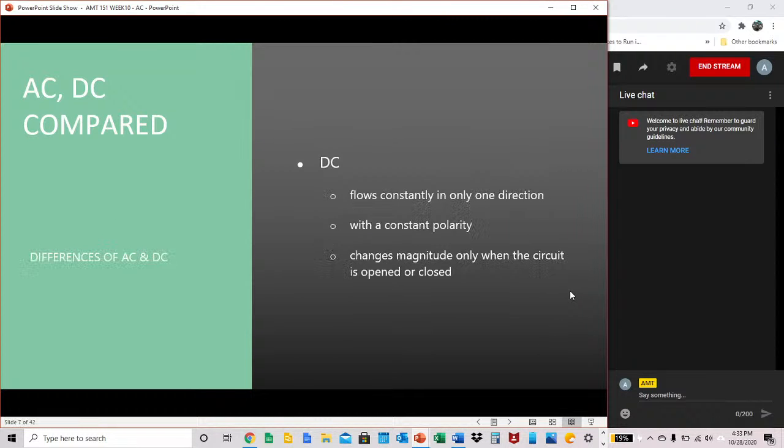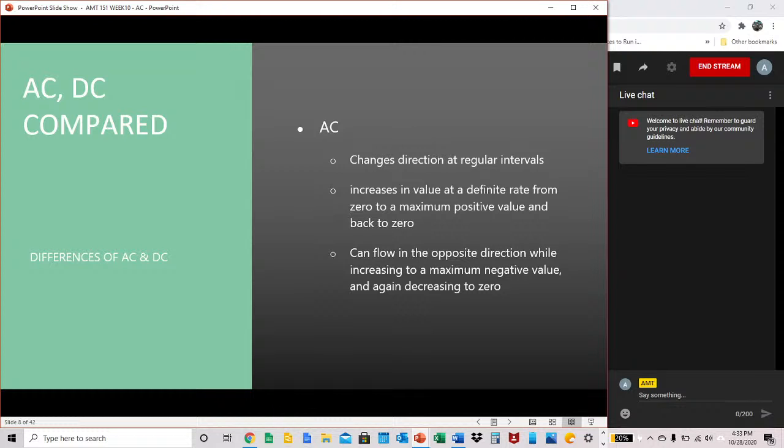Differences of AC and DC power. DC flows constantly in one direction only. It has a constant polarity. And DC changes magnitude only when the circuit is opened or closed. In AC circuits, it changes direction at regular intervals.